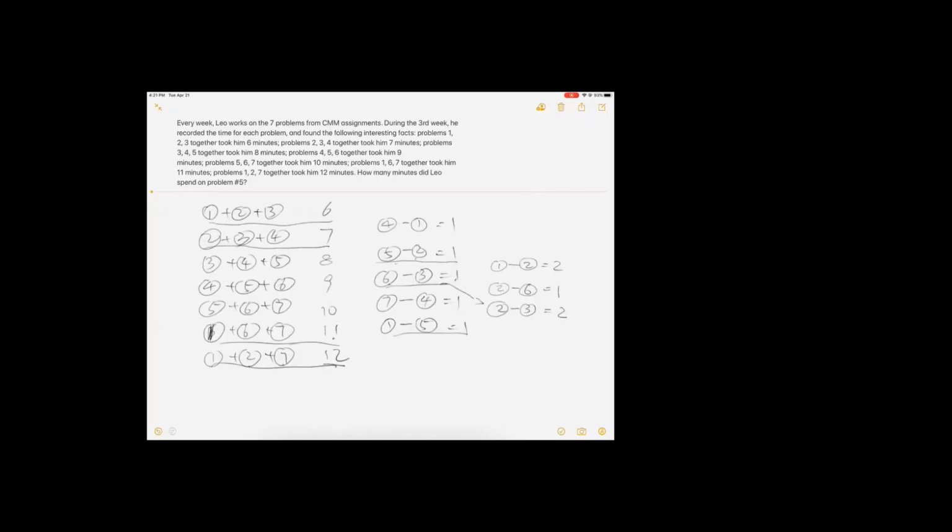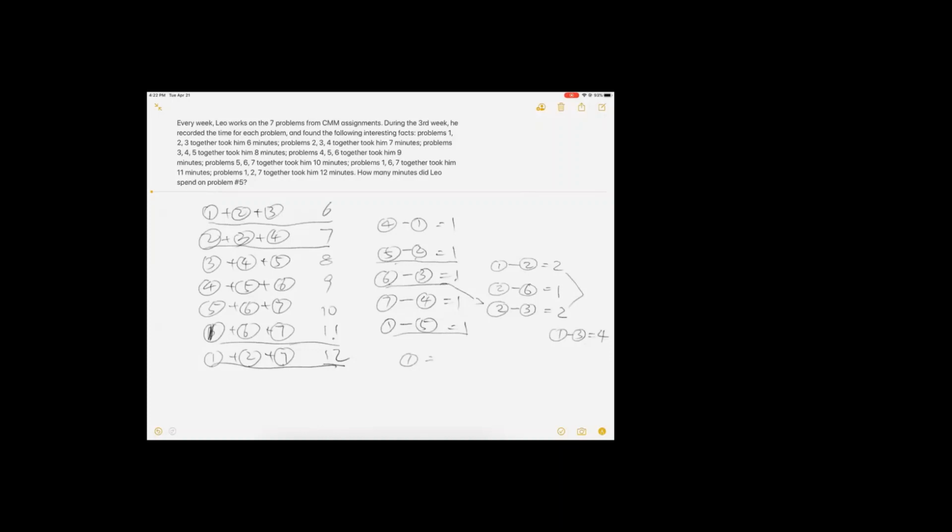So 2 minus 3 is 2. Which meant that 1 minus 3 was also 4, since 1 is 2 more than 2, and 2 is 2 more than 3. So 1 minus 3 is 4. Because of that, I tried to find 1. I saw that 1 was equal to 6 plus 2 plus 4 over 3.